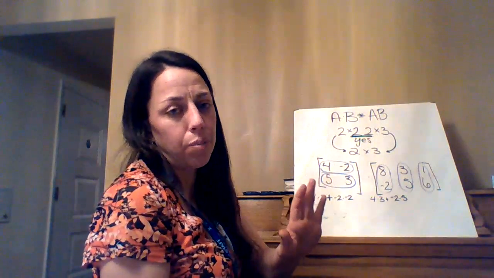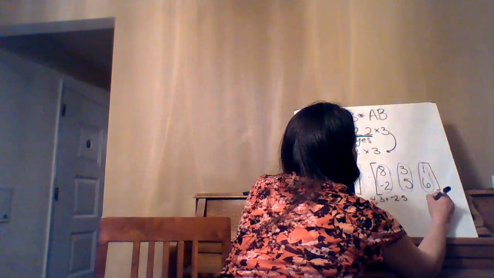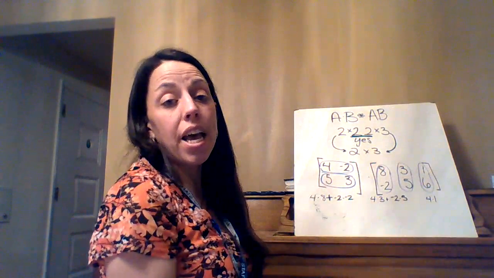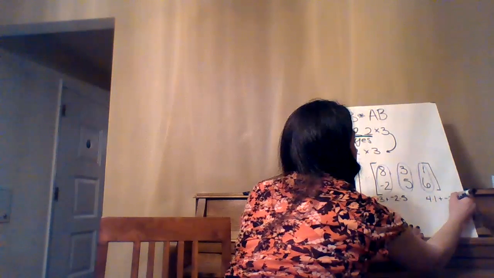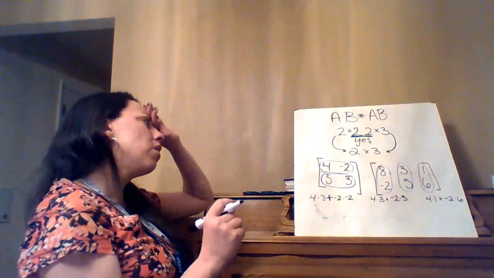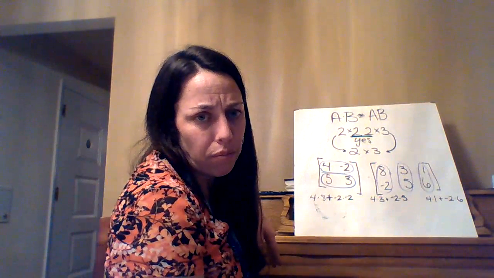Don't worry, we're going to do a little bit more with all of these. What's 4 times 1? So you can already see where we're going. And -2 times 6. And so you quite literally use the numbers 4 and -2 every single time for that one.